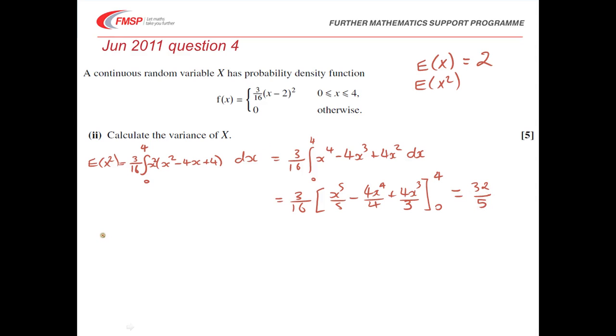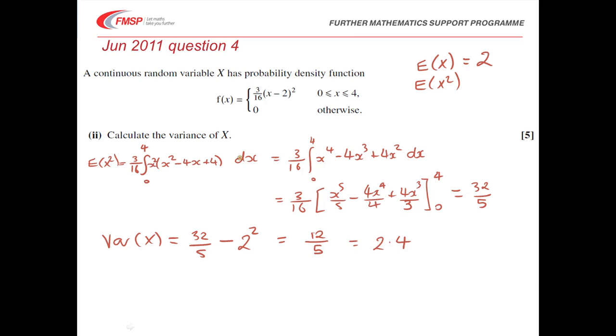Okay, so now using the variance formula, we've got var x is equal to 32 on 5 minus 2 squared. Okay, and if we work all of that out, that's going to give me 12 over 5. Okay, which is 2.4. So it's just a long-winded question, these.